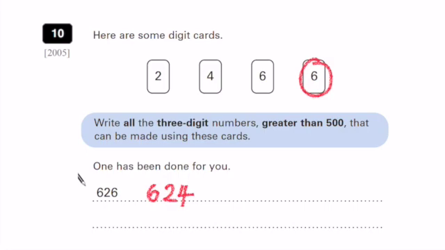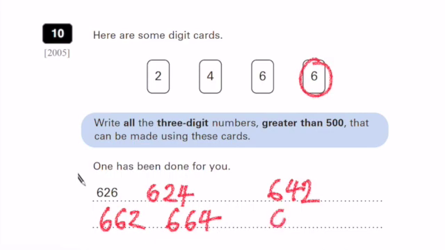So we can have 662 and 664. Next, we'll look at 640. We can have 642 and 646. So altogether, if you include the one that was done for us, there are 6.